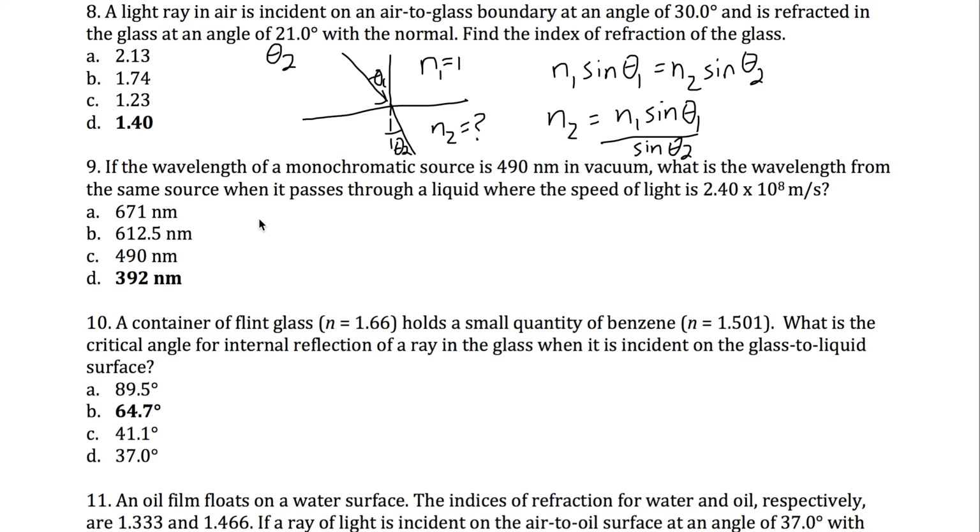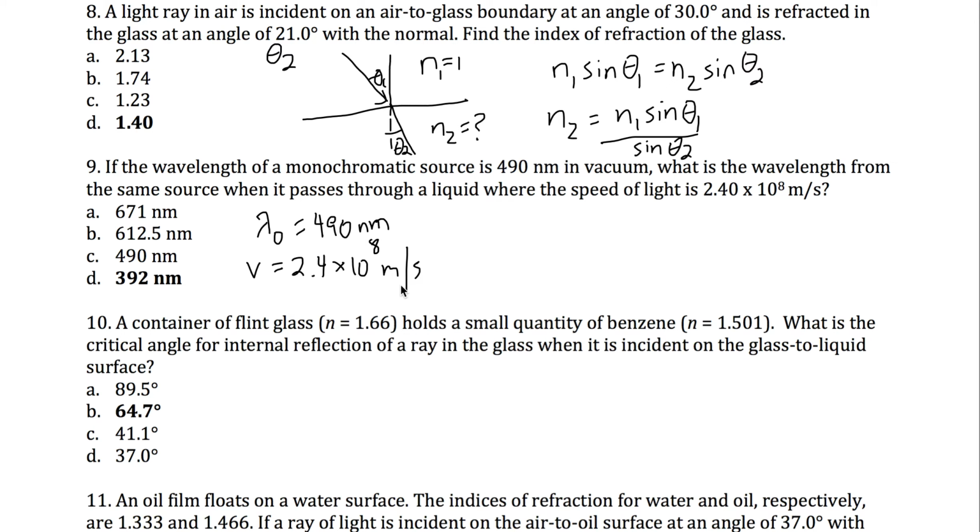I'll write the givens here since we don't have room up there. The wavelength in vacuum is the one that we are given, 490 nanometers. And the speed is v, that's the 2.4 times 10 to the 8.